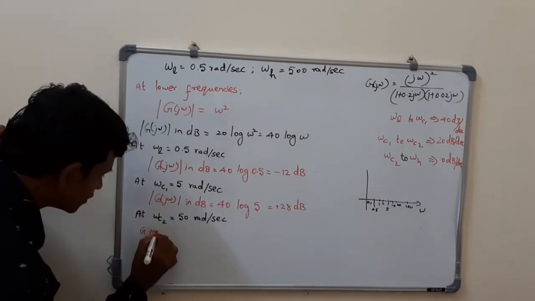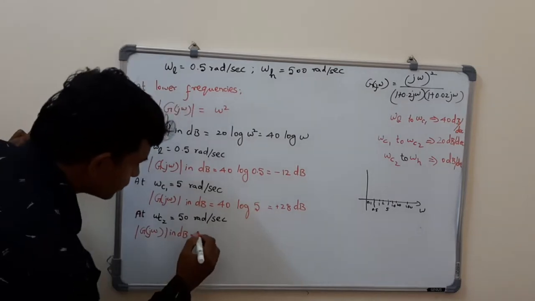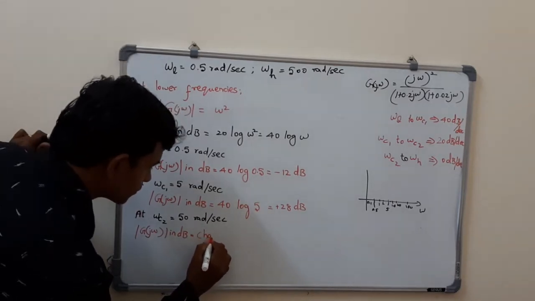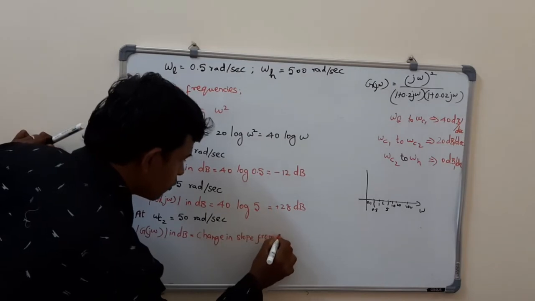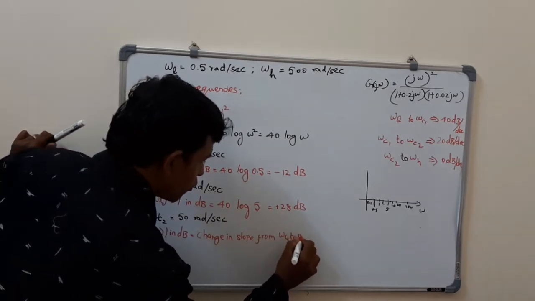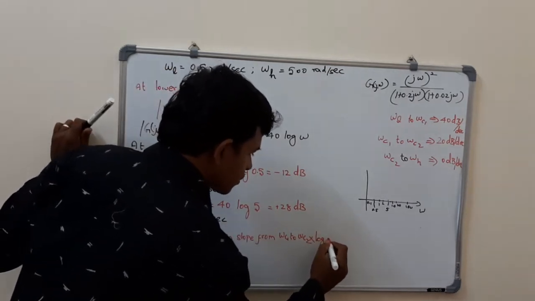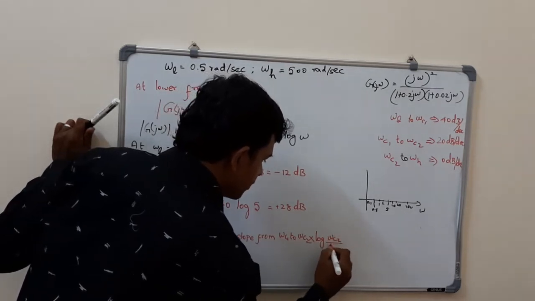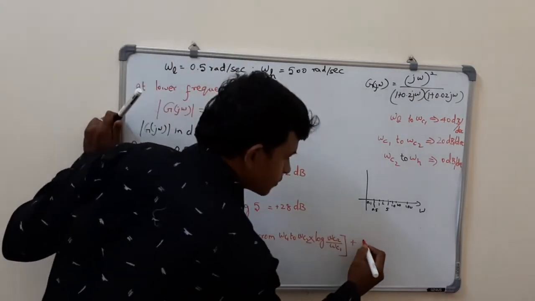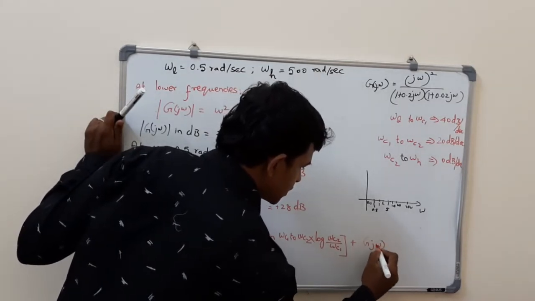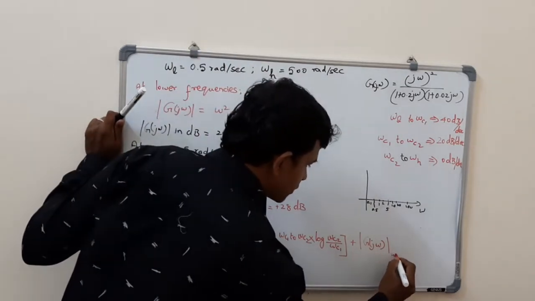G of j omega in decibel scale can be given by the change in slope from omega C1 to omega C2 into log omega C2 divided by omega C1, plus G of j omega in dB at omega C1.